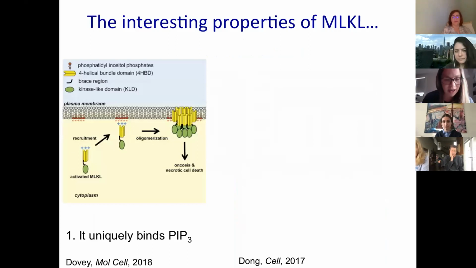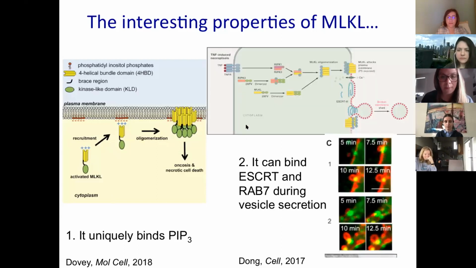However, it turns out MLKL has other functions that have been described that have nothing to do, or at least we don't know what the regulation of these functions are with respect to its role in cell death. Others have shown that MLKL binds phosphatidylinositol phosphates in the cell membrane to mediate its oligomerization at the membrane. But it also binds these structures within the ESCRT and RABs during vesicle secretion.